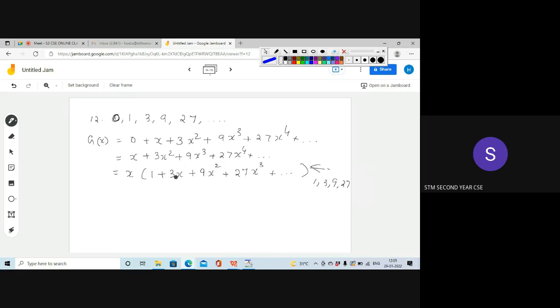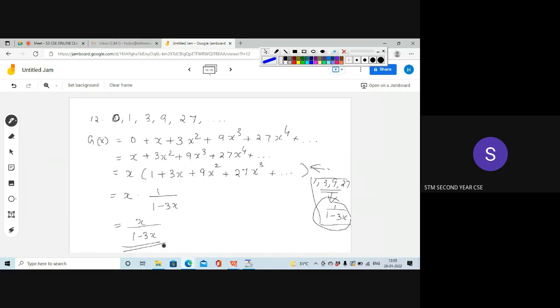So the sequence 1, 3, 9, 27, which we had solved earlier in the previous question, we found that the generating function corresponding to this is 1 by 1 minus 3x. So this you have to learn by heart, okay? 1 by 1 minus 3x. And so substituting this formula here for this particular sequence, you get x into 1 by 1 minus 3x, which is equal to x by 1 minus 3x.